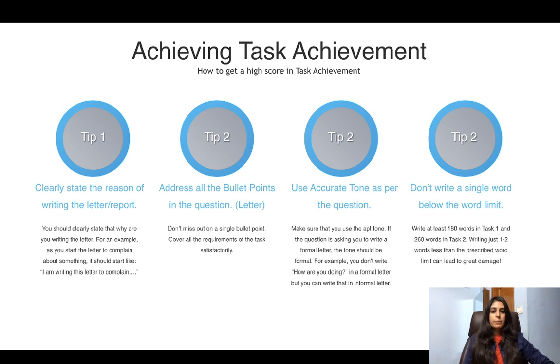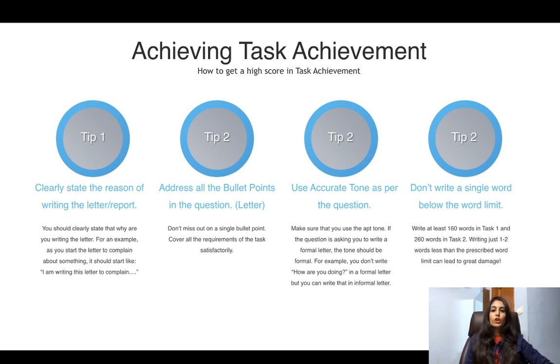Okay, the last tip for improving your task achievement is to not write a single word below the word limit. I can't stress this enough. You have to, okay, this is again a typo. I'm so sorry. It has to be 150 words and 250 words. So you should not be writing less than 150 words in your task 1 and 250 words in your task 2.